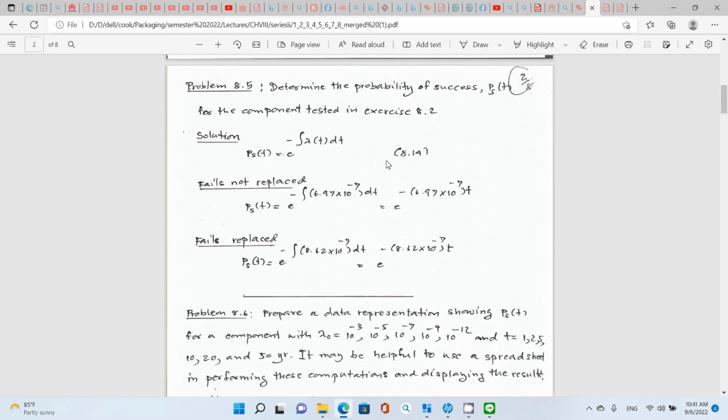Problem 8.5. Determine the probability of success, or P(t), as time dependent for the components tested in exercise 8.2. So you have a probability of success equal to exponential of negative integration of lambda t dt. That's equation 8.14.